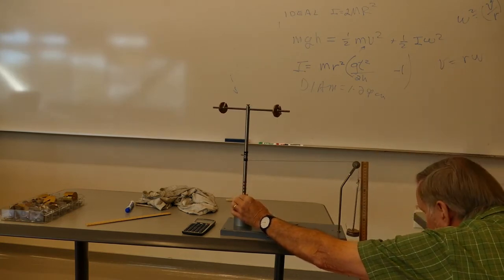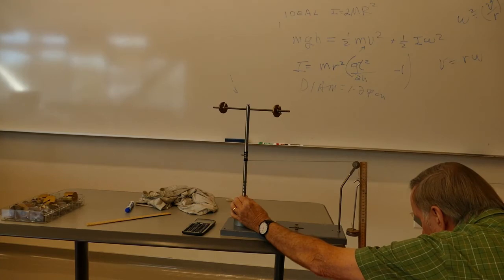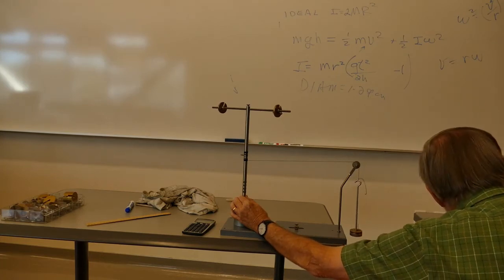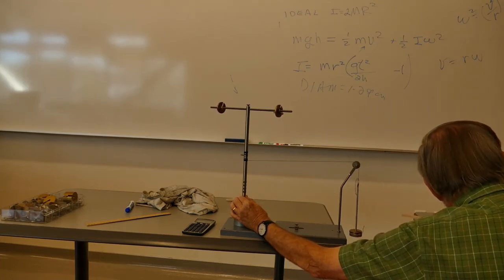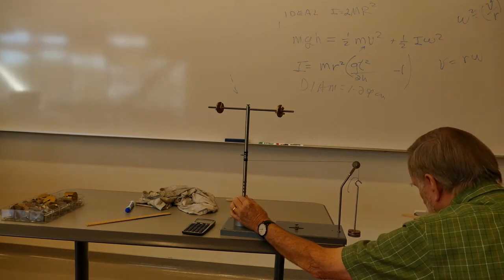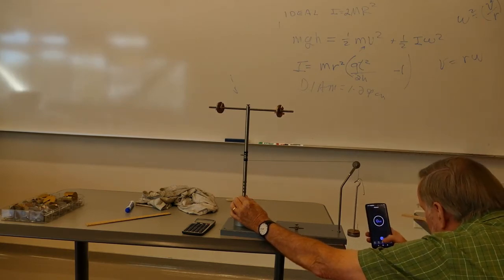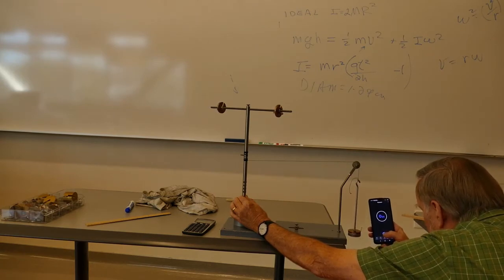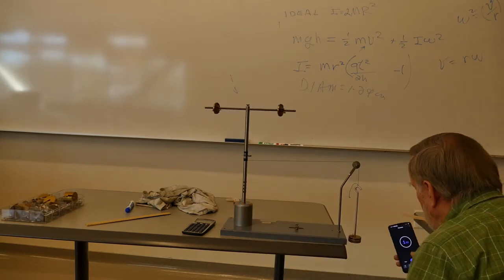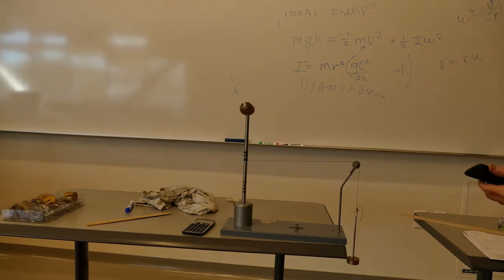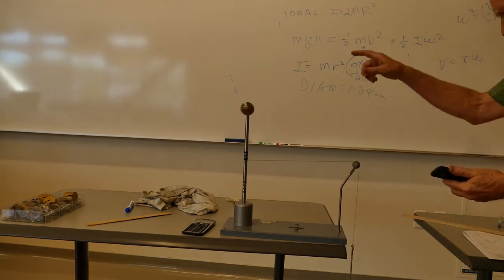Take it up to 75. I think I'm just going to do this one twice if the two measurements are close. That'll save us a little bit of time for the video. All right, marks, set, start. Again, this is just with the 50 grams revolving.